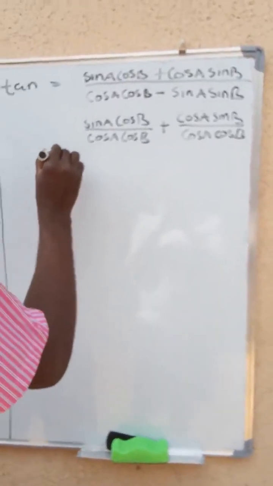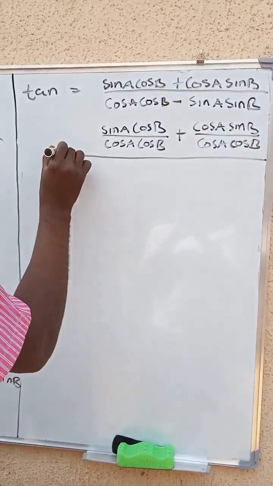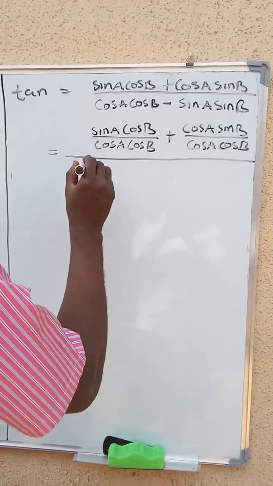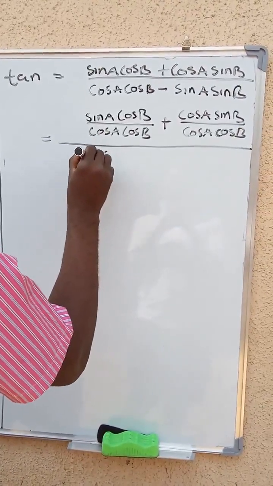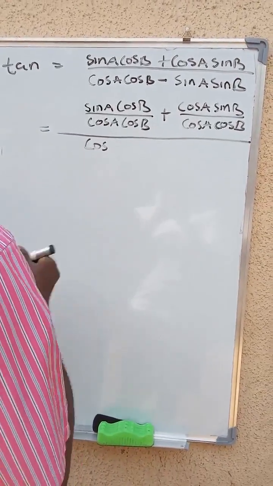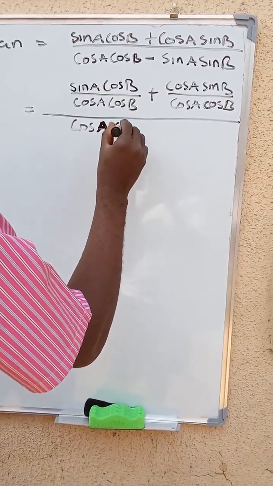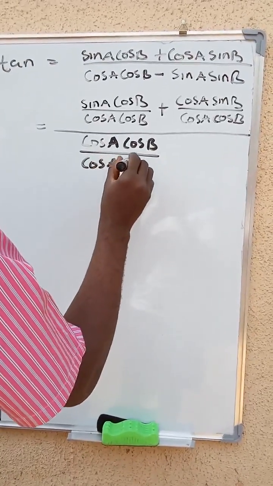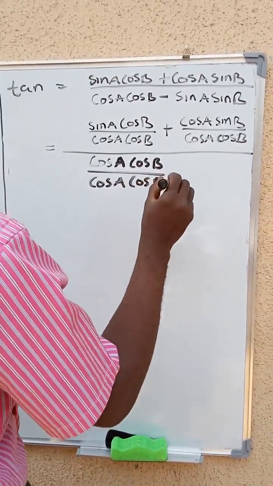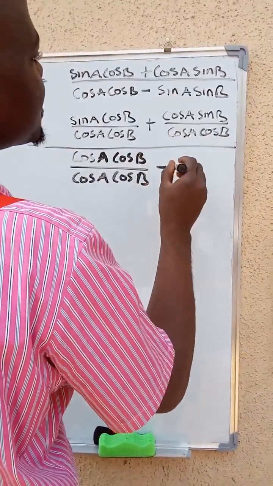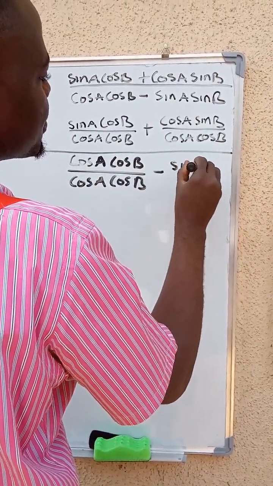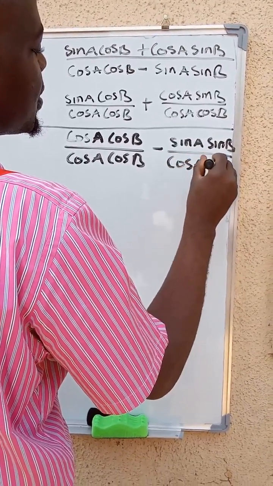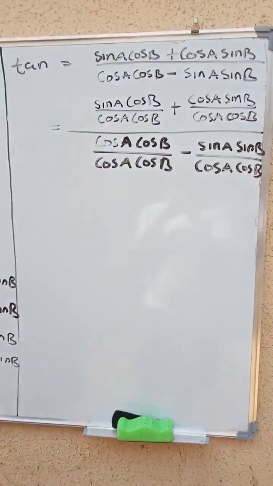Now this is equal to, over the same thing I'll do to the denominator, cos A cos B over cos A cos B minus sin A sin B over cos A cos B. Now what did I do here?